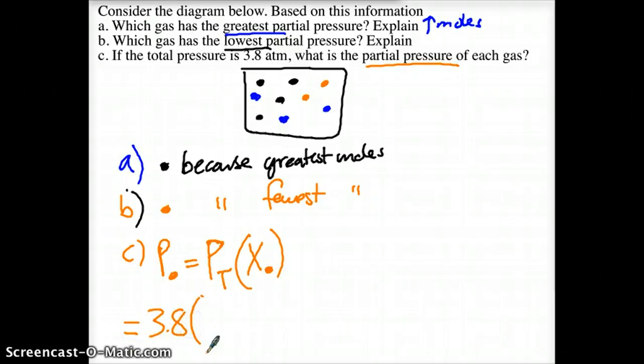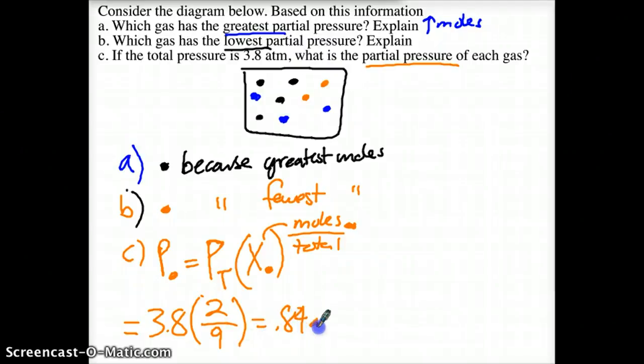Remember, mole ratio, this is the moles of orange over the total number of moles. Well, how many moles of orange do I have? I have 2. How many total moles are there? 1, 2, 3, 4, 5, 6, 7, 8, 9. Boom. Plug it in, solve it. I would get 0.84 ATM. Let's go ahead and do the next ones.